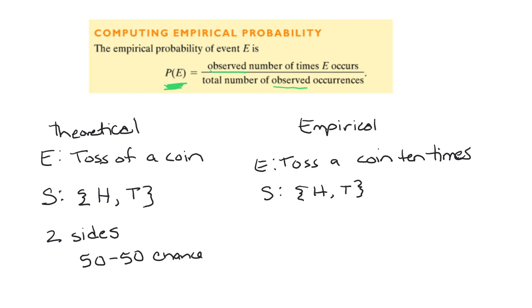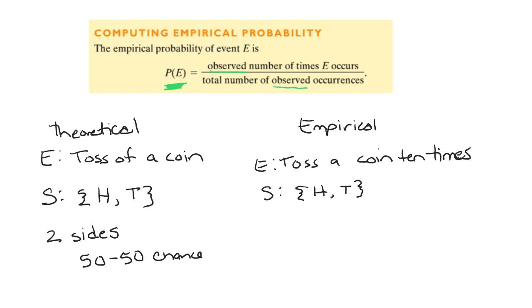But the more that you increase the tossing of the coins, maybe we increase it to 100 times or 1,000 tosses of the coin, the more we increase the number of times we toss this coin, we will become closer and closer towards that theoretical of having a 50-50 chance of getting a heads or a tails.